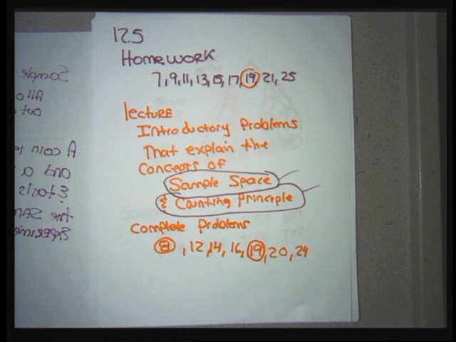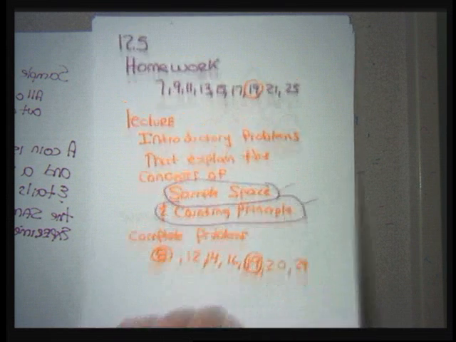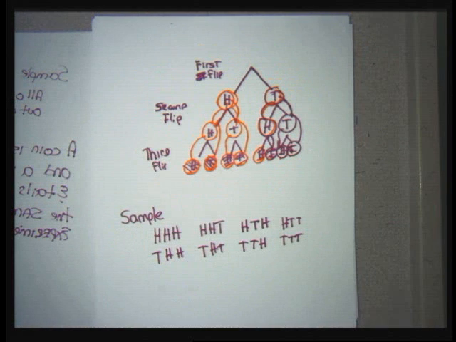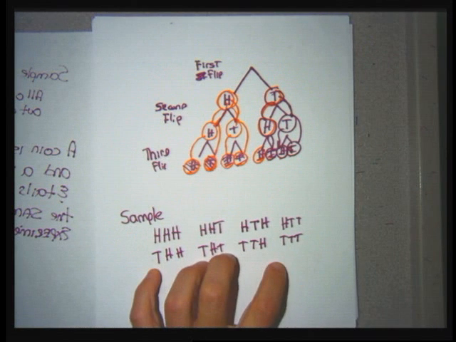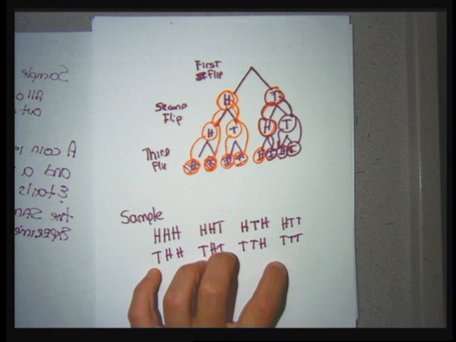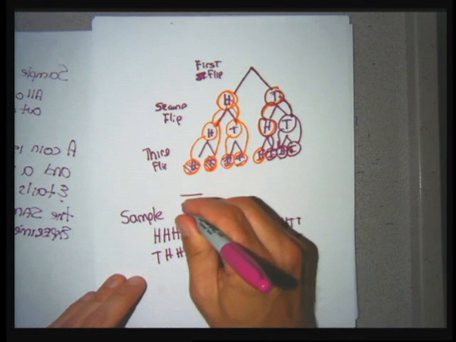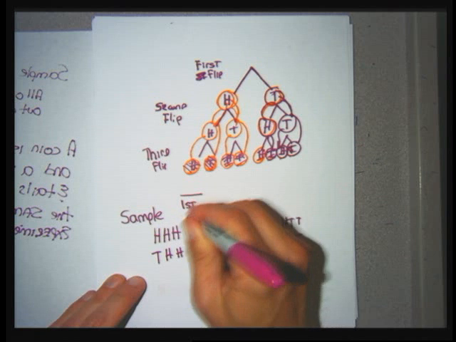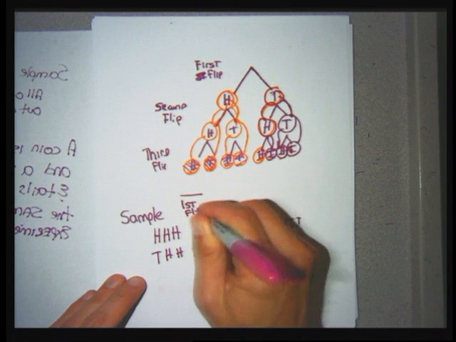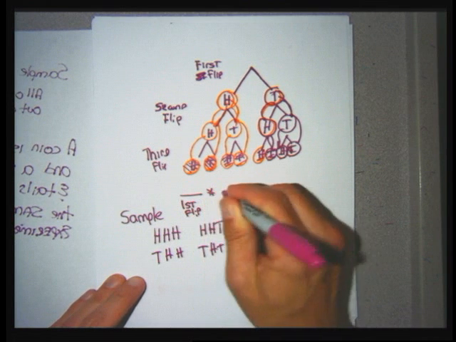And to apply the counting principle to this particular problem, how could I have known ahead of time there were going to be 8 elements in my sample space? The counting principle allows me to multiply to figure out how many things are in my sample space.